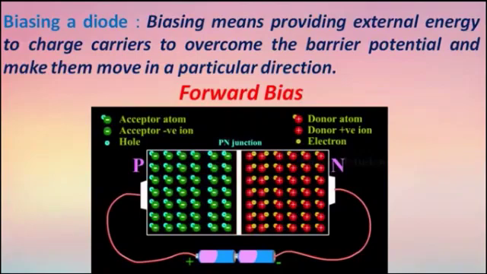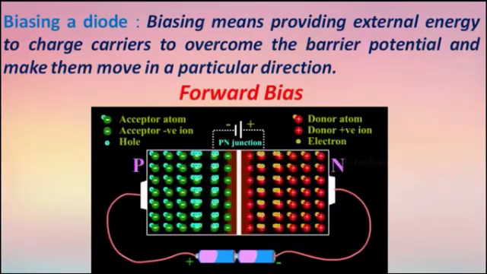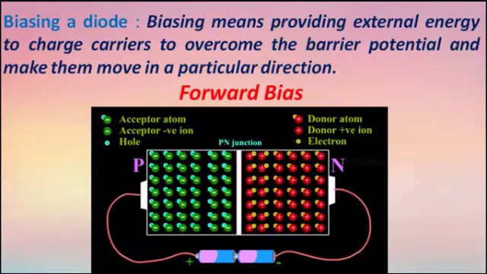Finally, a large number of electrons will move to the P side and the holes will move towards the N side. When we increase the potential again and again, the depletion width is reduced further.